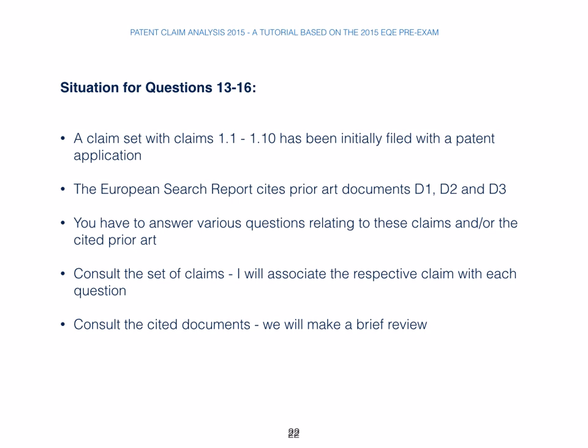You have to answer various questions relating to these claims and/or the cited prior art. So you may want to consult the set of claims given in the client's questions, and I will associate the respective claim with each question. We need to consult the cited documents, and for this we'll make a brief review.